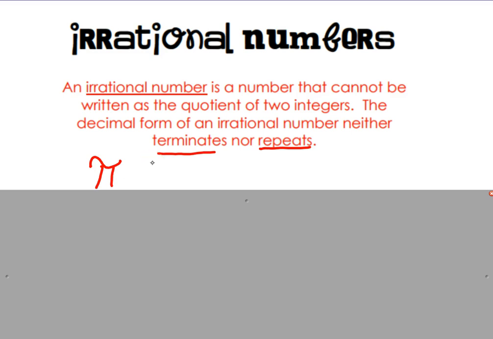And if you have seen pi on the calculator, it does end, but that's only because the calculator only has so much room. Pi starts with 3.1415926, and it keeps going and going. So it's impossible to predict the next digit of the number unless you've memorized it, because it's an irrational number. So any number that keeps going and doesn't repeat is irrational.